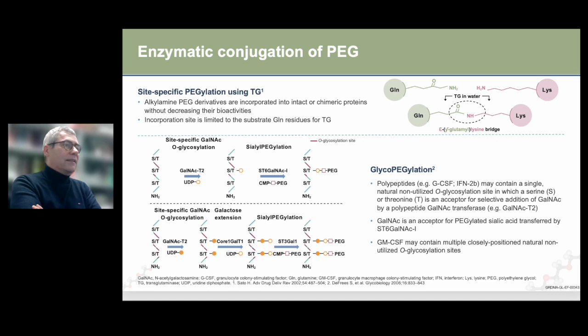And then there is the conjugation of PEG through a sialylated PEG through a sialyl transferase. And also in this case, it's possible to obtain derivatives with a selected site of PEGylation.